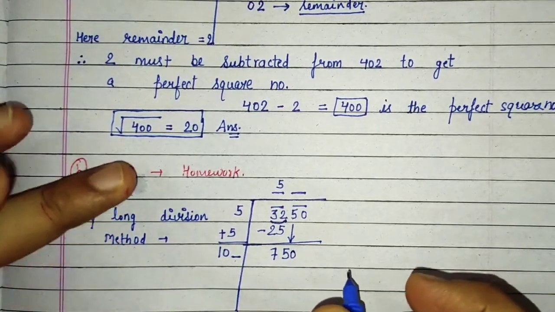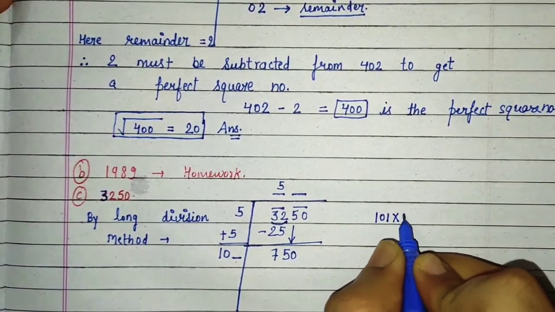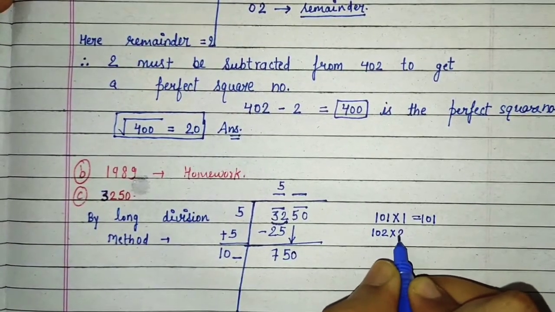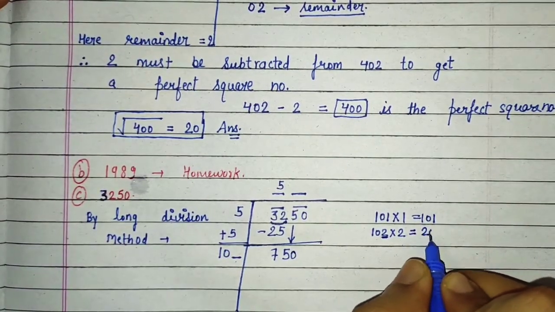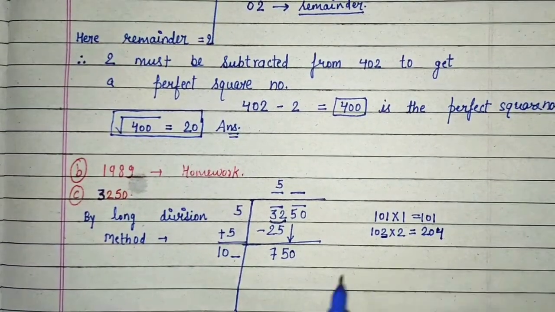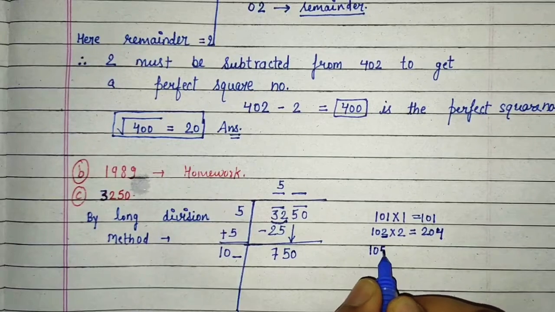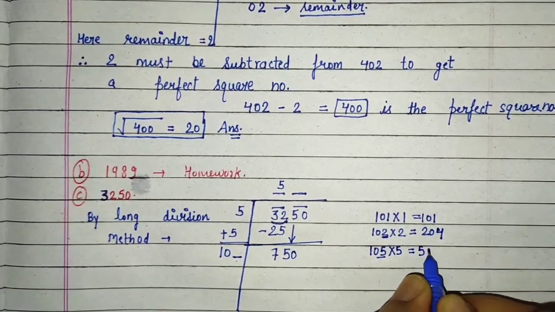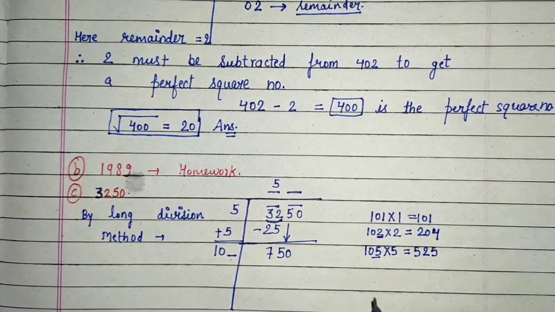If you put here 1, then 101 into 1 you will get 101. If you put 2, because we have to put one number and multiply with the same number, 204. As you can see, this is very small, so randomly you can pick 105 into 5. The answer is 525, that is also very small.